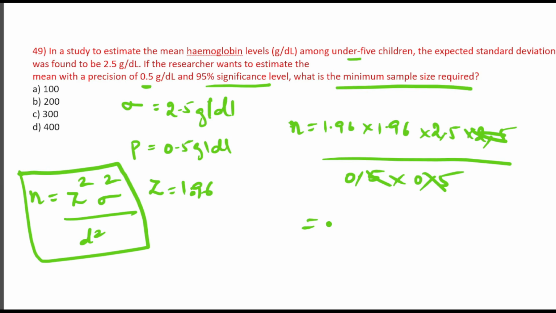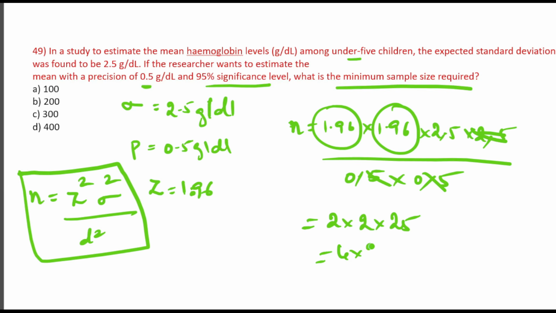So it will be almost 2 into 2 into 25. I have taken this as 2 because all the numbers are round numbers. Okay. So 2 into 2 into 25, 2 2s are 4, 4 into 25, which is equal to 100. So the answer will be 100. This is how you have to solve this question.